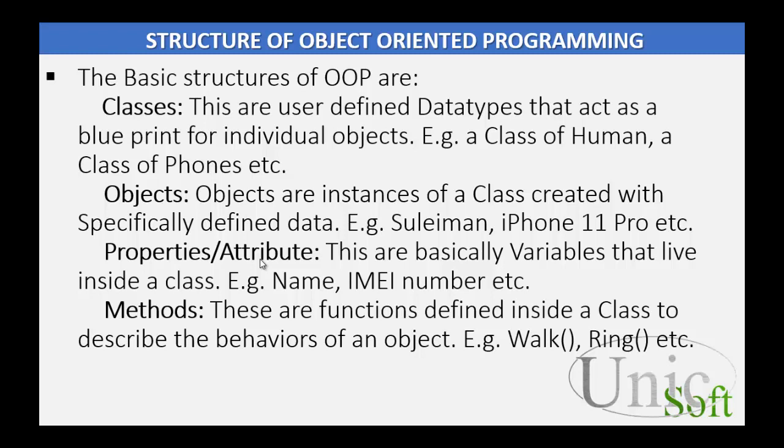So still following these two examples of classes that I gave up here, a class of human and a class of iPhone, I gave two different methods to represent each one of them. If we create an instance from this class of human and we call the name of that person Suleiman, then we can give that person a behavior so that the person is able to move from one place to another.